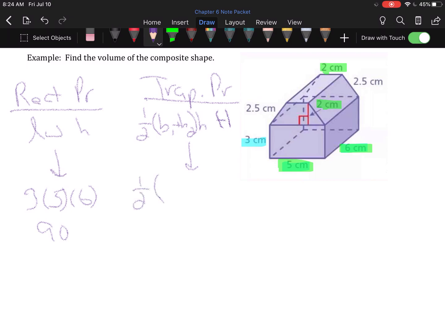Now, the bottom base is 5. The top base is 2. The height of the trapezoid is 2. The height of the prism is 6. We do have to do the addition first. That's kind of required.